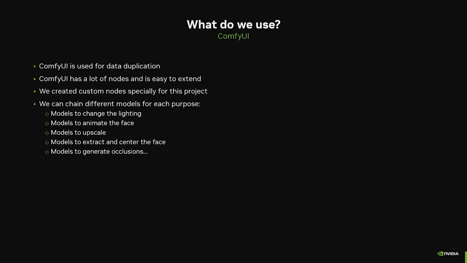If you need to process images with different AI models, this is a perfect tool. So we use it to create the workflow for the data duplication. I will explain each step of the data duplication to build this whole data set. Again, we start with 15 images, and at the end we have around 35,000 images.